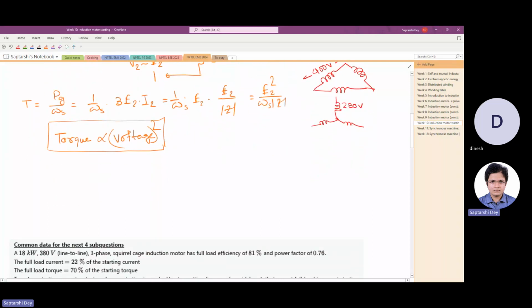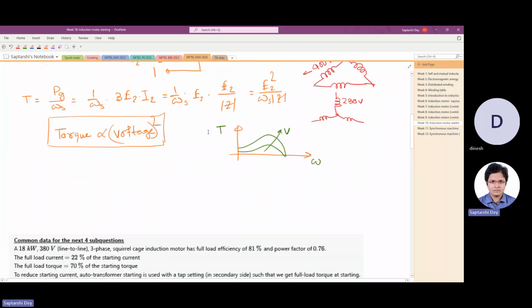That means at a certain speed or certain slip, the torque is proportional to voltage squared. So if this is torque, this is speed, with reducing voltage, it reduces like this. That is the whole theory behind this.